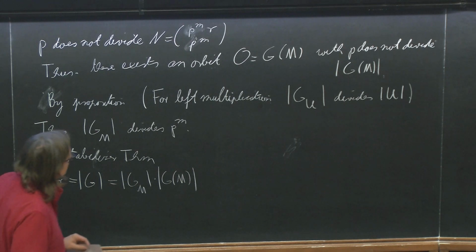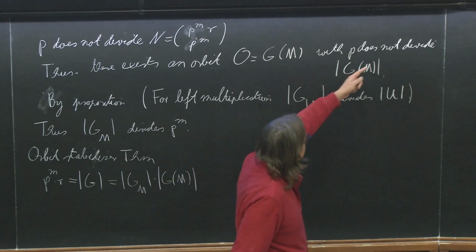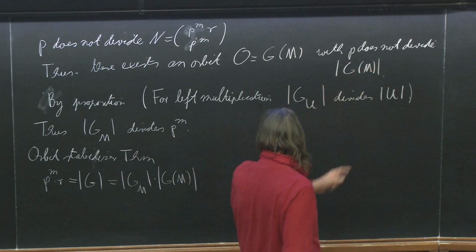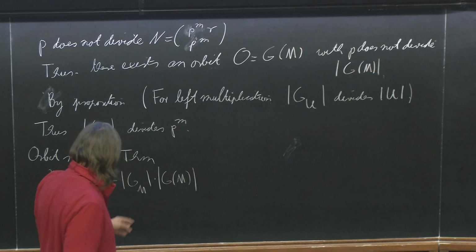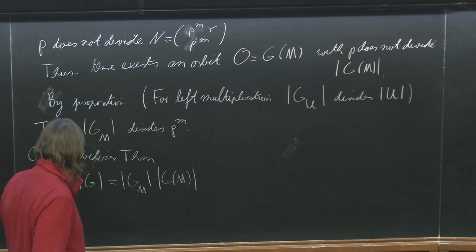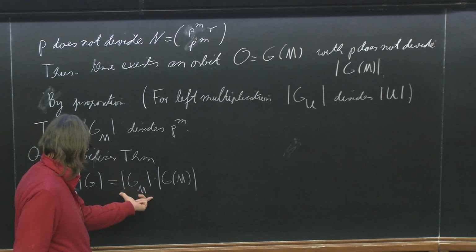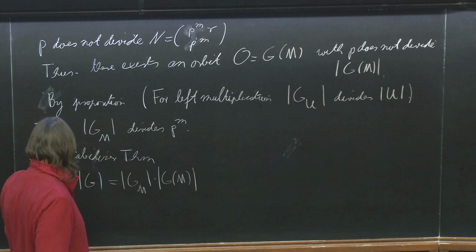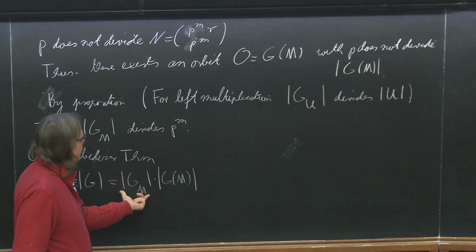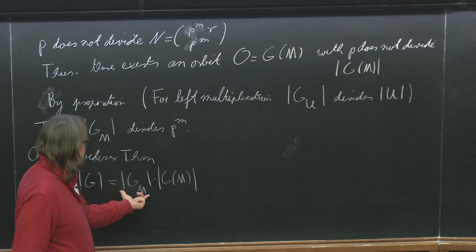Now, P does not divide the size of the orbit G of M, so this does not contain a factor P. So it means that the stabilizer's size must be divisible by P to the m, because the product of these two things is P to the m times r. On the other hand, we also know that it divides P to the m.